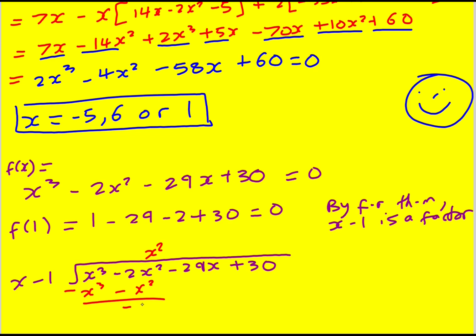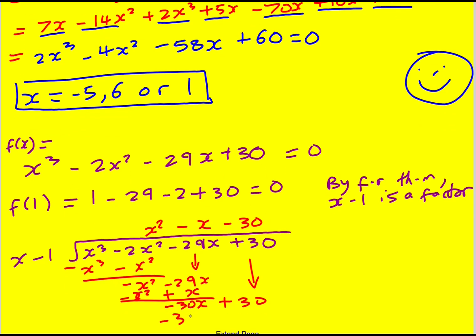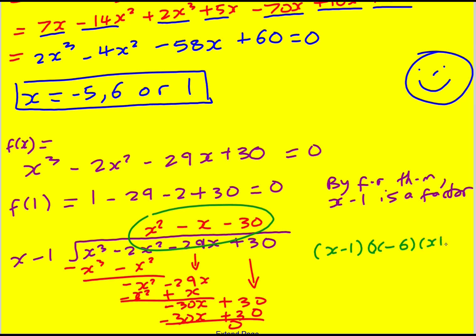Subtract gives me minus x squared minus x here, which gives me minus 30x, minus 30 gives me 0, so we're done there. Therefore, x minus 1 times, and I can factorize this, x minus 6, x plus 5, that's quite quick, equals 0, and we're going to get the solutions.